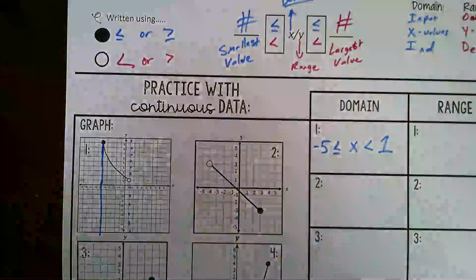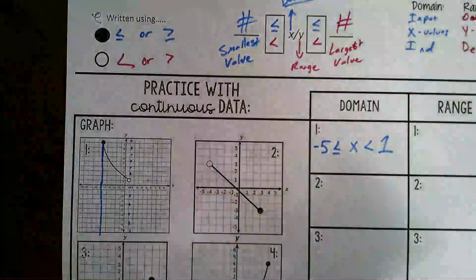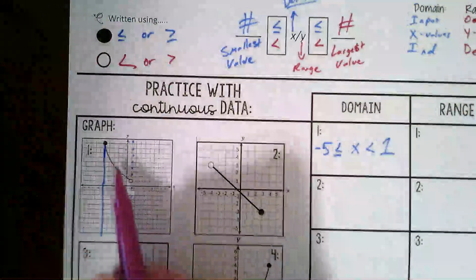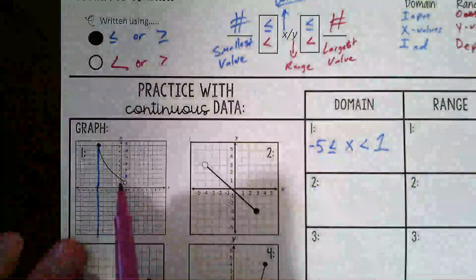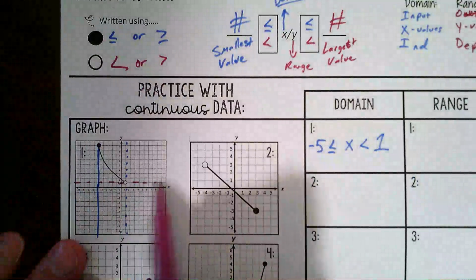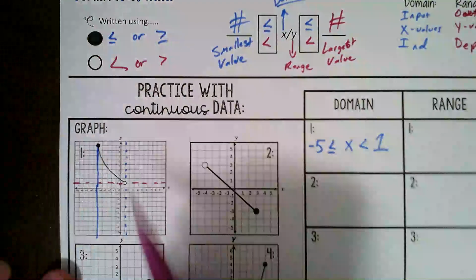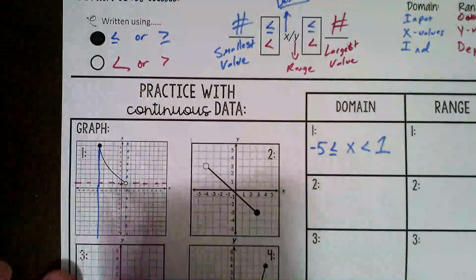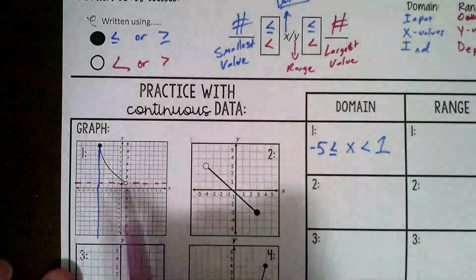Now for my range, I find the bottom of my graph, and the bottom may not be one of the endpoints. Here, again, I'm making a dotted line because that's open, that is not equal to.